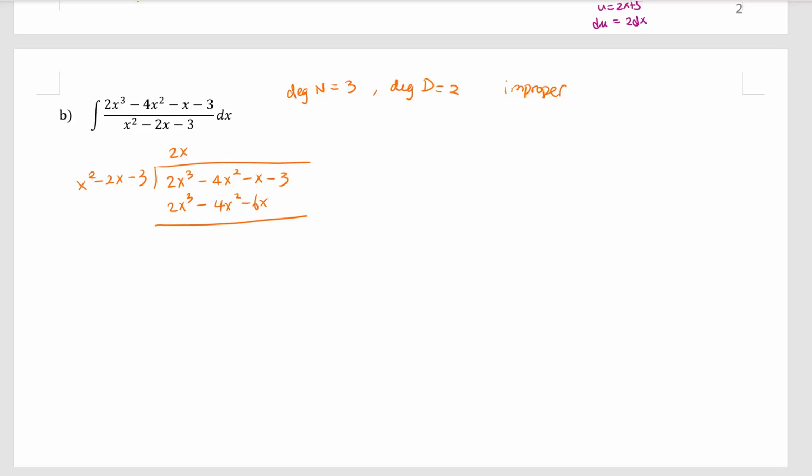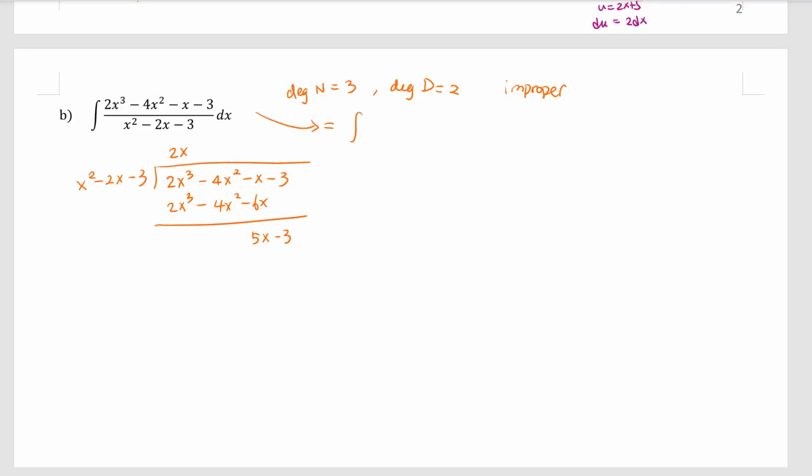And then we use the first line, subtract the second line. So negative minus negative becomes positive. Minus x plus 6x is 5x. And negative 3 minus 0 is negative 3. Oh, now can you see? So we decompose.